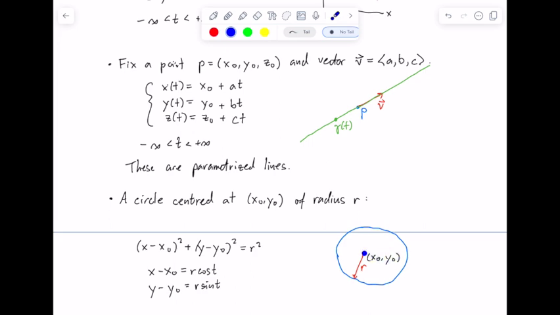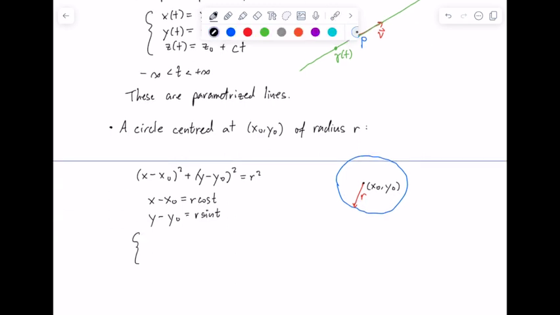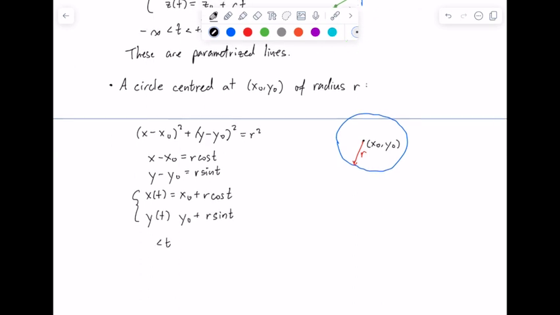Right, so here I'm pretending x naught, y naught is the origin now. So I subtract x minus x naught, y minus y naught to translate this to the origin. And by polar coordinates, this should be my expression for the points on this circle. And here I could say t is in between 0 and 2 pi.